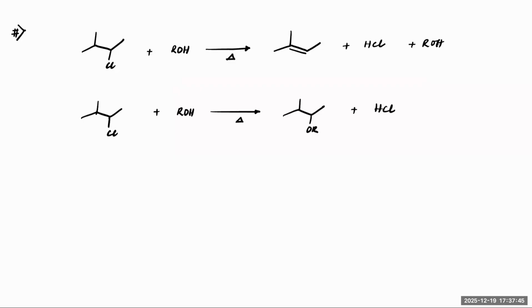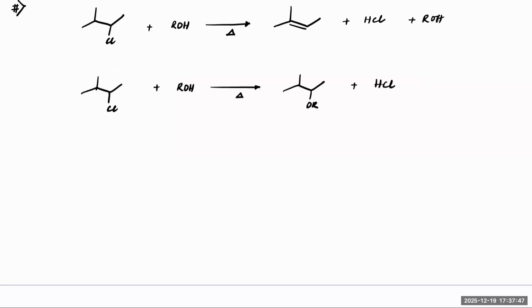Now, how much amount of HCl is forming in both the cases will be different because we don't know how much percentage has reacted here and how much has reacted here.